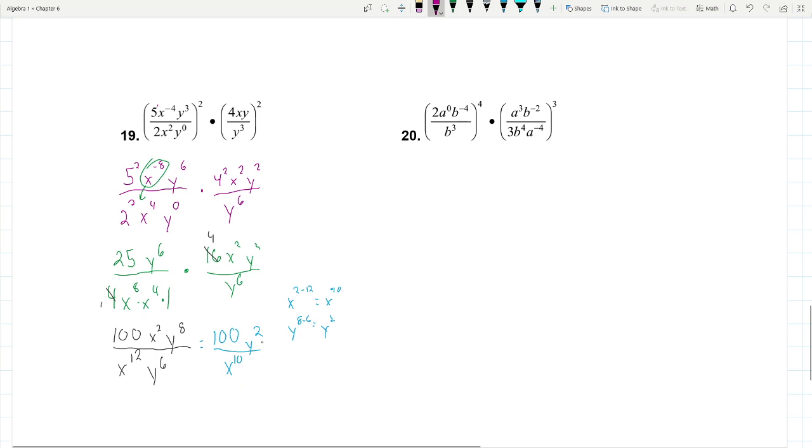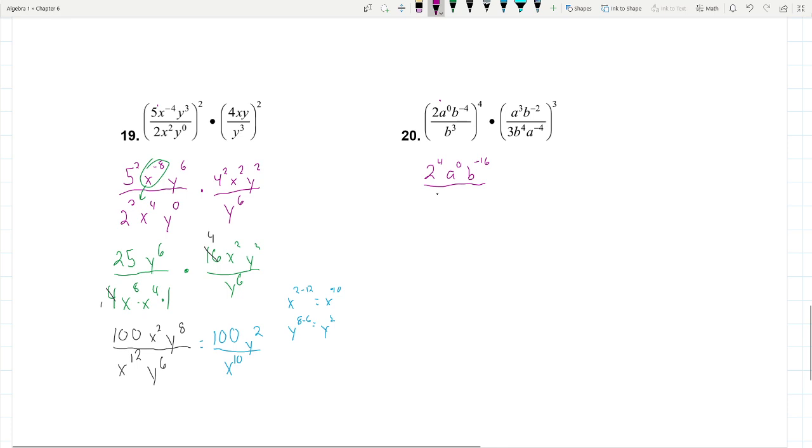Alright, now we're going to do the same thing with number 20. So again, I'm going to distribute this 4 to make life at least look a little bit easier. And so I go, okay, this is 2 to the 4th, because this is a 1, right? And 1 times 4 is 4. This is still a to the 0. B to the negative 4, so that makes this b to the negative 16.